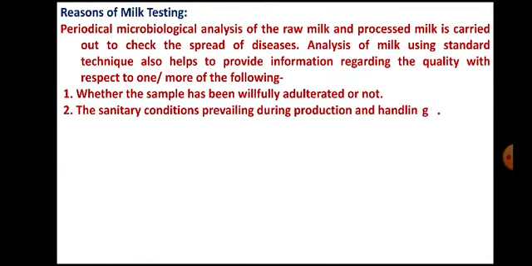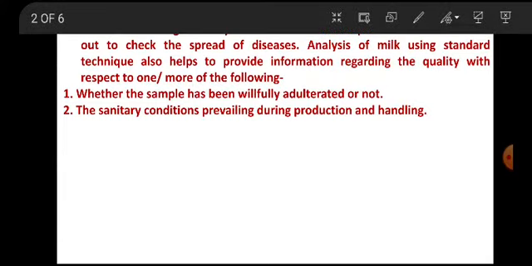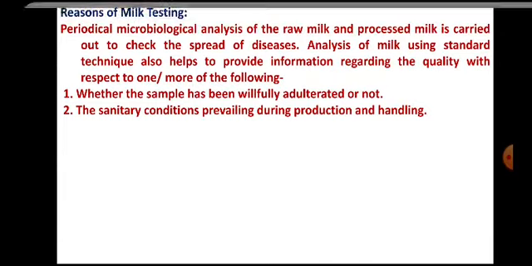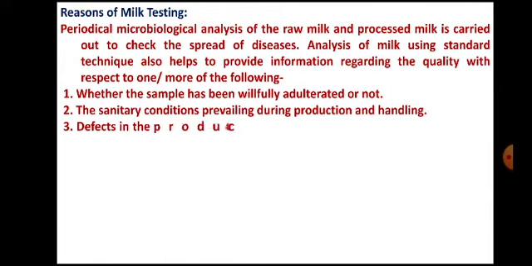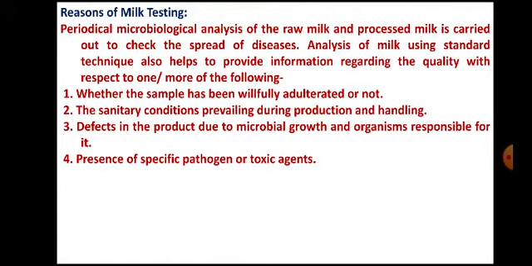The sanitary and hygienic conditions prevailing during production and handling, so the extent of contamination has to be checked. Defects in product due to microbial growth or microorganisms responsible for it. Then presence of specific pathogens or toxic agents.